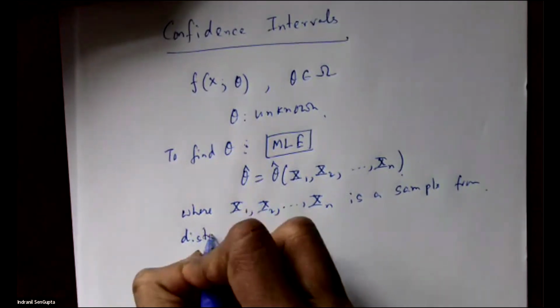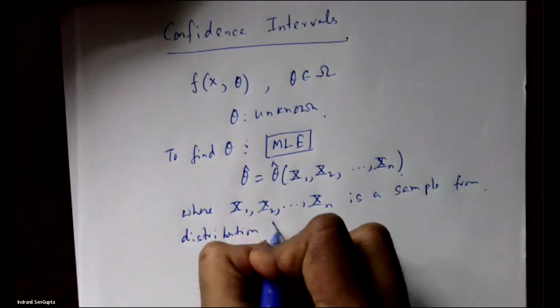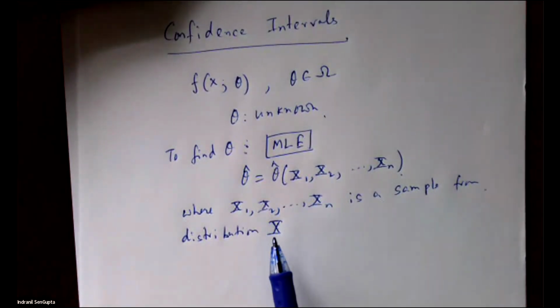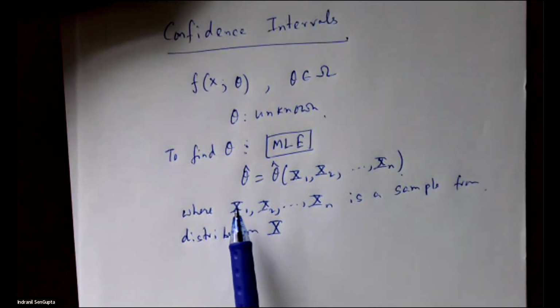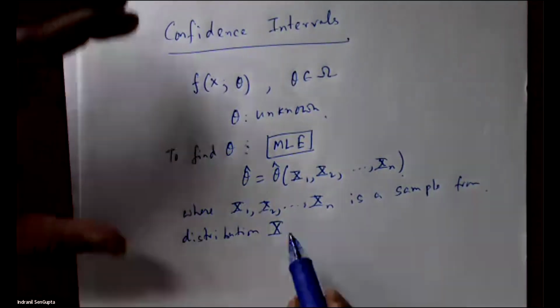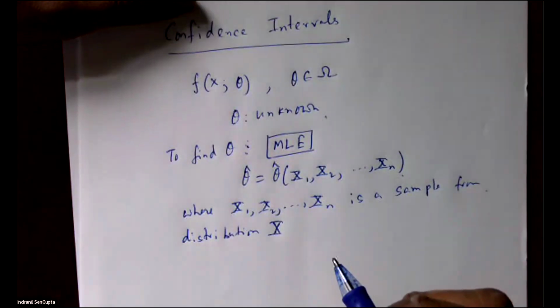Remember, this x1, x2, ..., xn is a sample from distribution x. This really means that they are IID, so they are independent and identically distributed, and the distribution is x.